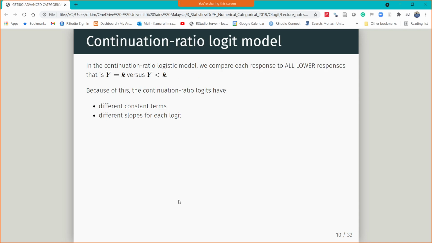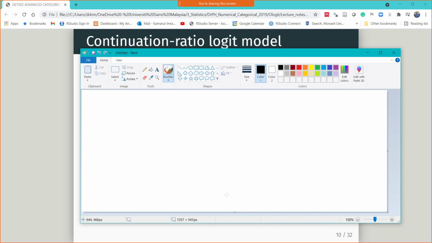In the continuation ratio logit model, we compare each response to all lower responses. For example, y equal k versus y less than k. So for example, if we have 1, 2, 3, let's see if I can write on this.